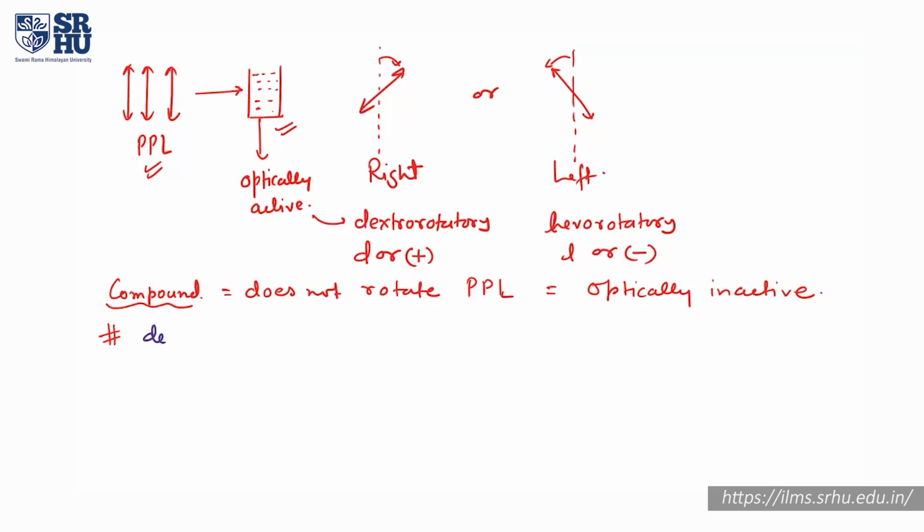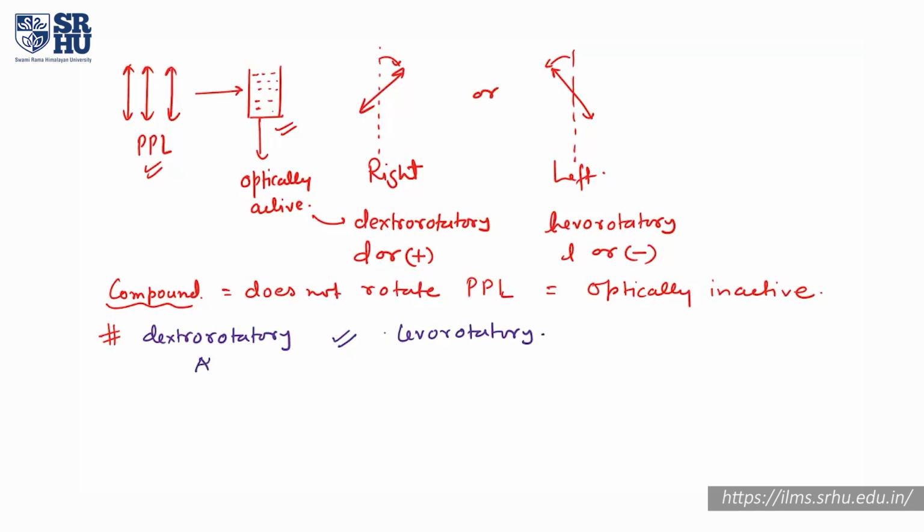If there is an optically active compound which is dextrorotatory, then surely there must be another compound which is levorotatory.